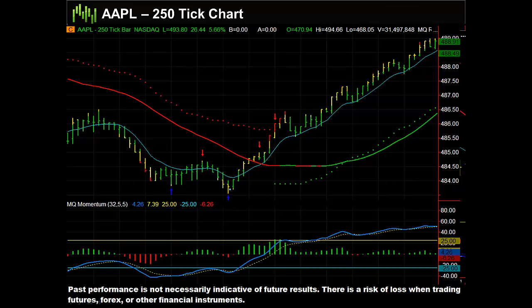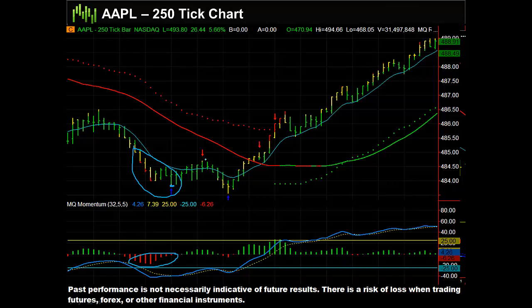But what we actually have is that the momentum, or the strength of the downward move, actually decreases, because these red bars correspond to this whole down move, resulting in this first low.